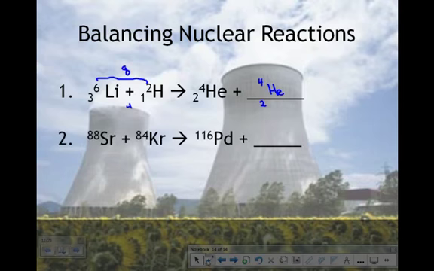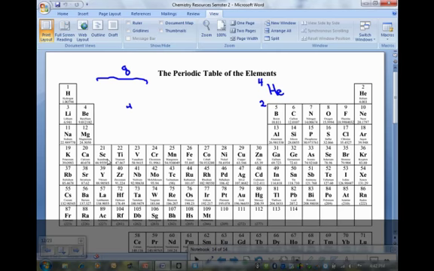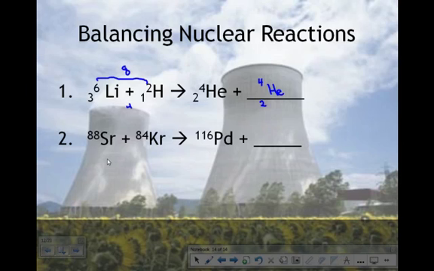Here's our second problem. We have strontium and krypton colliding to make palladium. Well, the first thing we need to do is figure out what number goes down on the bottom. So let's look at that periodic table. And what do we find? Strontium is number 38 and krypton is number 36.